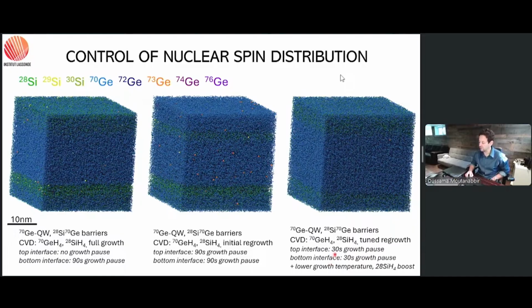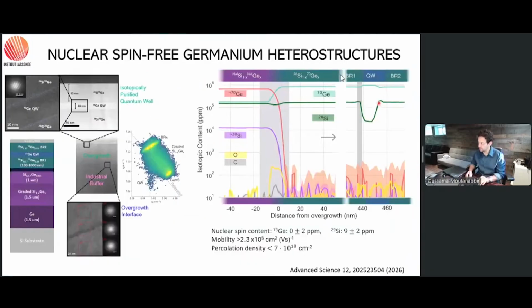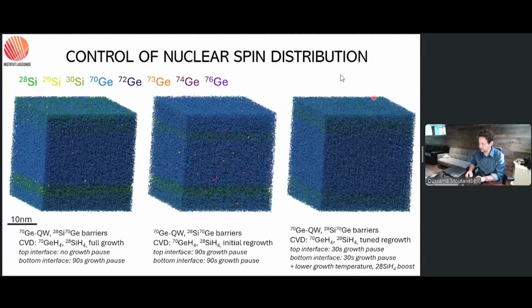If you ask me why we are using this pause, I mentioned earlier that we have a slight jump in silicon composition at the top interface, and we were concerned that this interface compositional fluctuation may affect devices. So we spent time controlling that interface.